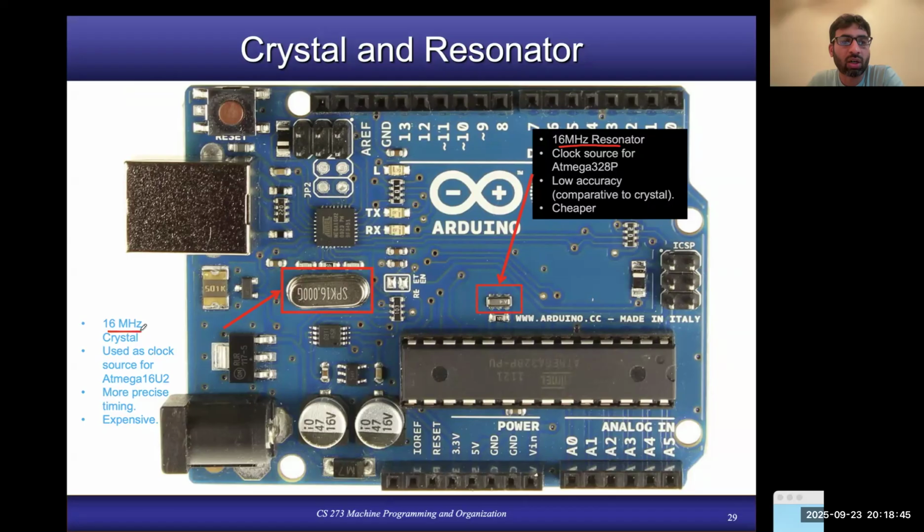It also has a frequency of 16 megahertz, but it serves as a clock source for this particular chip, the Atmega 16U2. And it is more accurate compared to the resonator. It provides more precise timing, but it is more expensive. So that's why they use the cheaper one for the microcontroller, to reduce the size and the cost of the board.